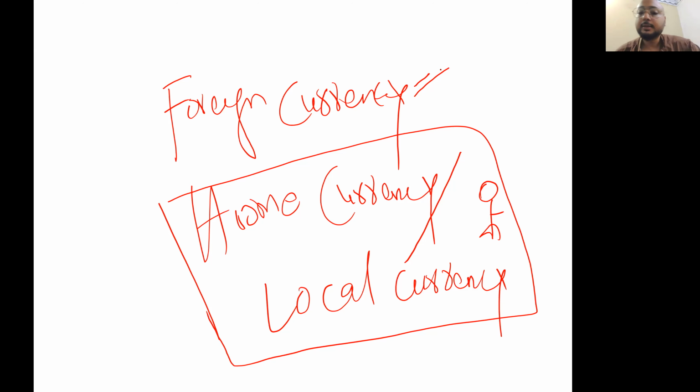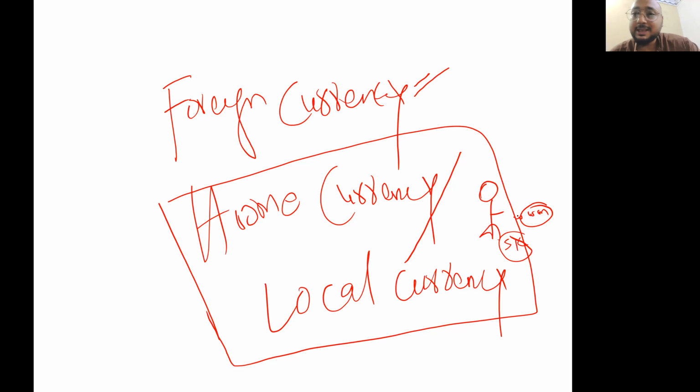If you are right now in South Korea, which is Korean won, and you're dealing in dollar, then dollar is going to be foreign currency. If you are dealing in pound, pound is going to be foreign currency. If you are dealing with Japan, yen is foreign currency. If you are dealing with Mexico, then Mexican peso is foreign currency.